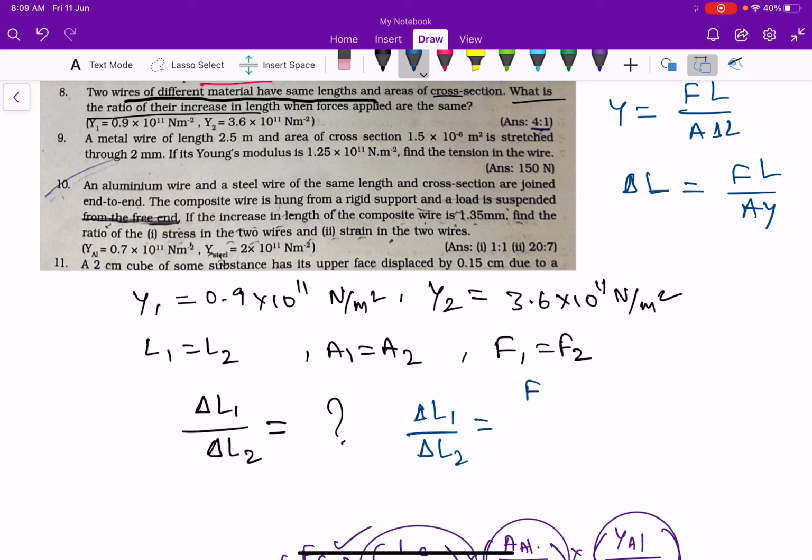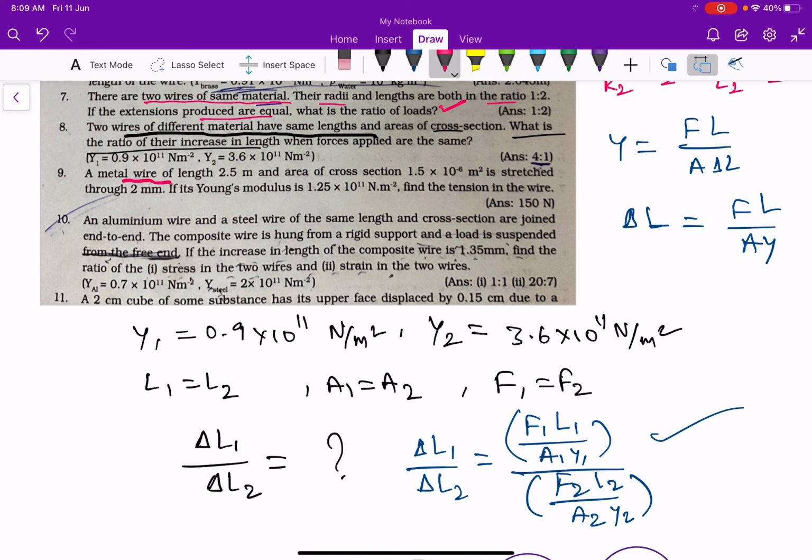Delta L1 is F1 L1 by A1 Y1, divided by delta L2, which is F2 L2 by A2 Y2. So everything is given. Solve this question also.